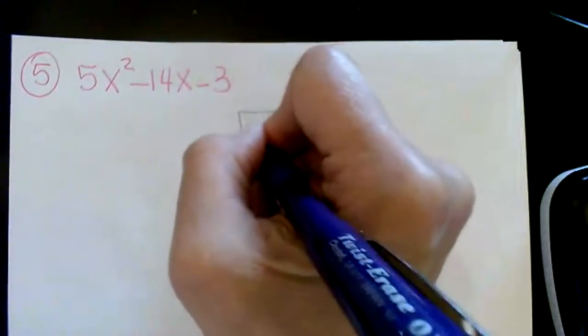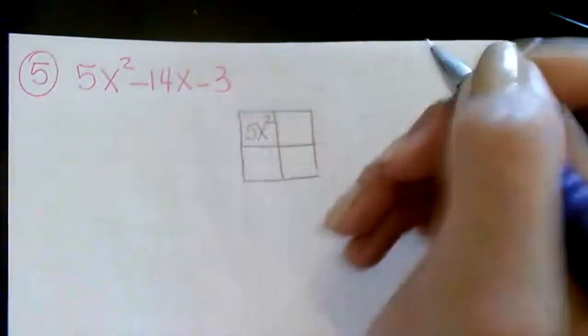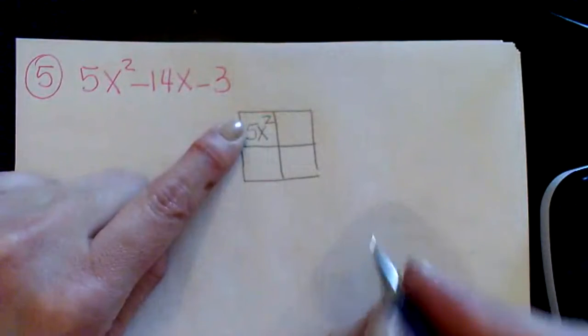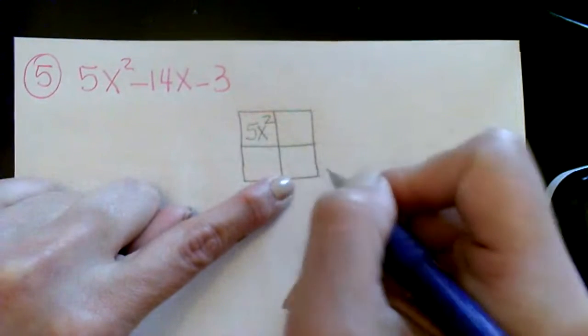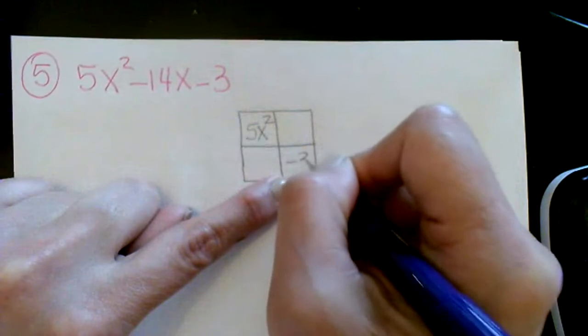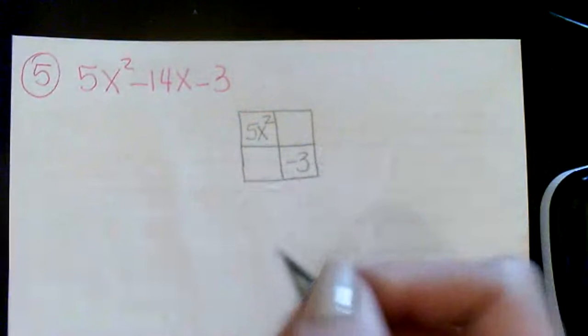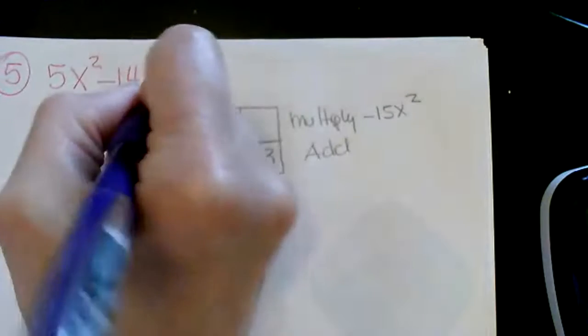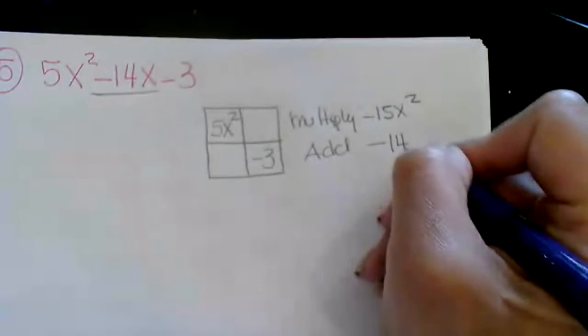So the first term is going to go on the upper left corner. On the right hand side, the bottom is going to go the last number. So we need 5 times negative 3, which is negative 15x squared. And when I add, it needs to be negative 14x.